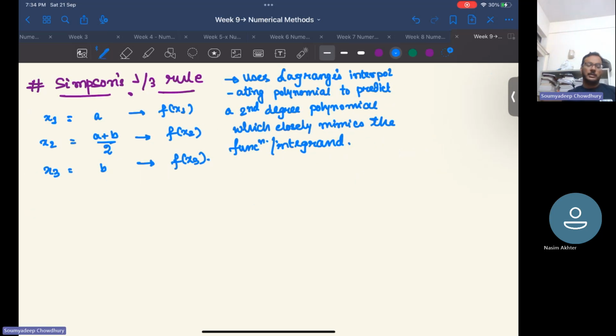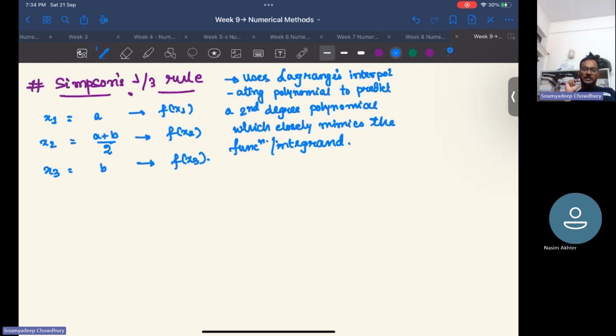Using that formula, we try to predict a second degree polynomial, which closely fits the actual integrand or the actual function in those subintervals.